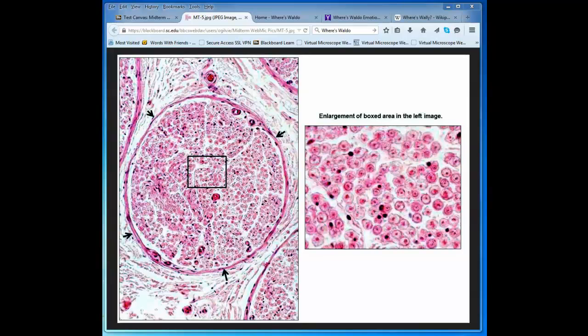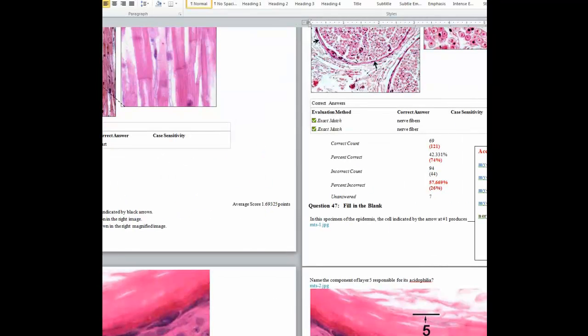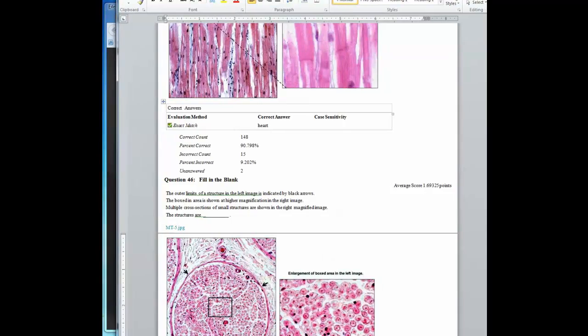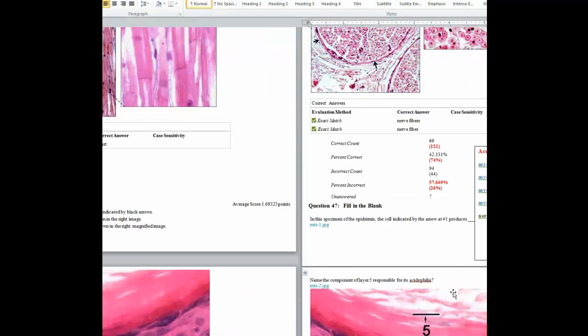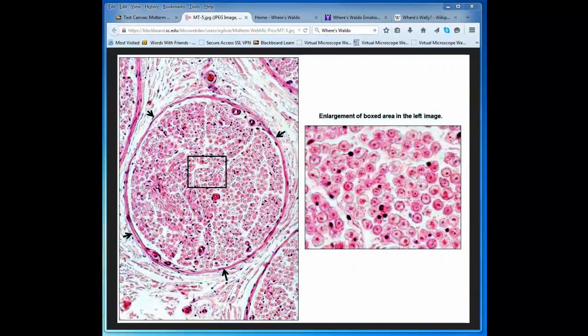However, after we looked at what you put in, we found that we could accept myelinated nerve fiber, singular or plural, myelinated axon, singular or plural, and nerve axons. Now, when we did that, you can see that the percent answering this question correctly went up to 74%.